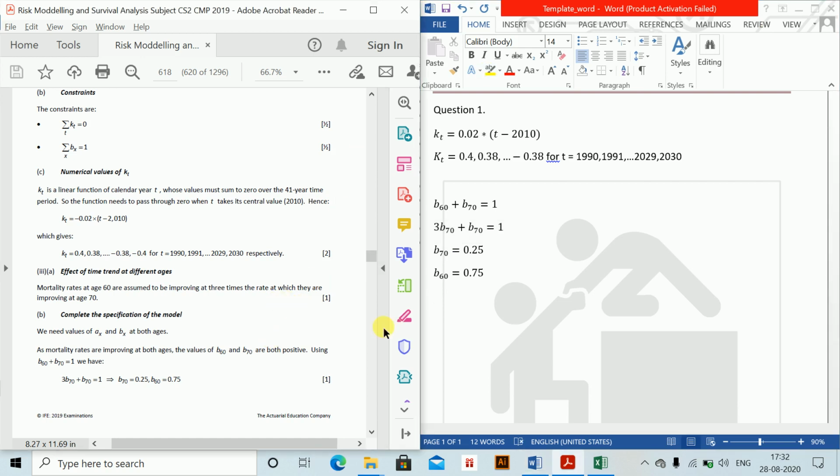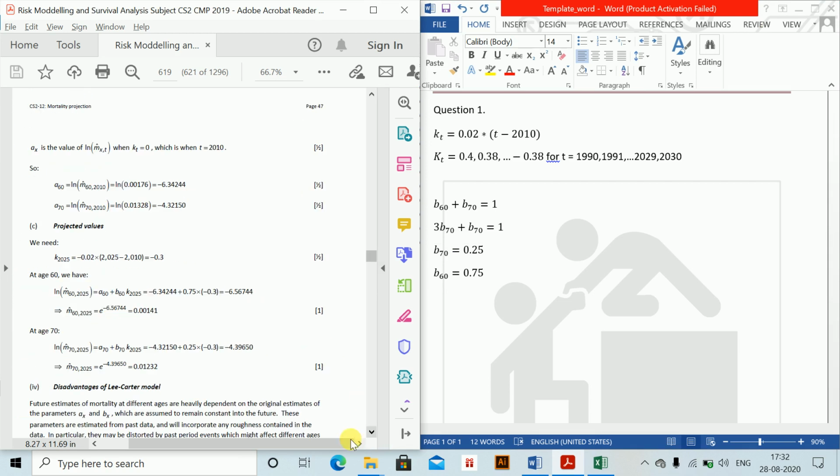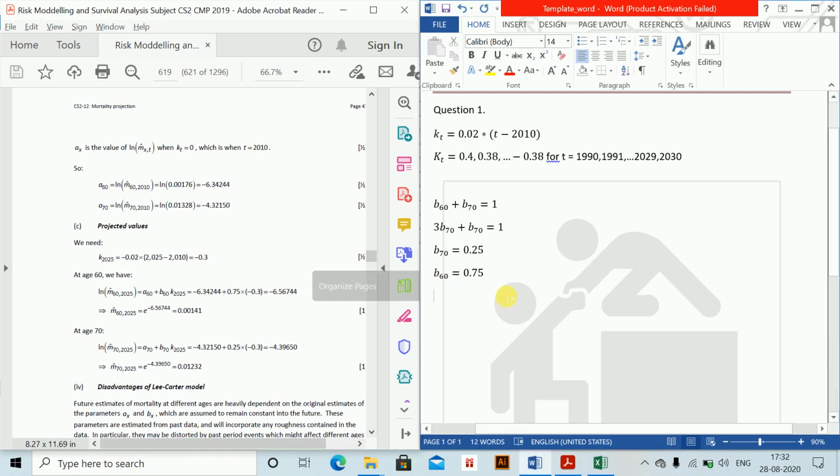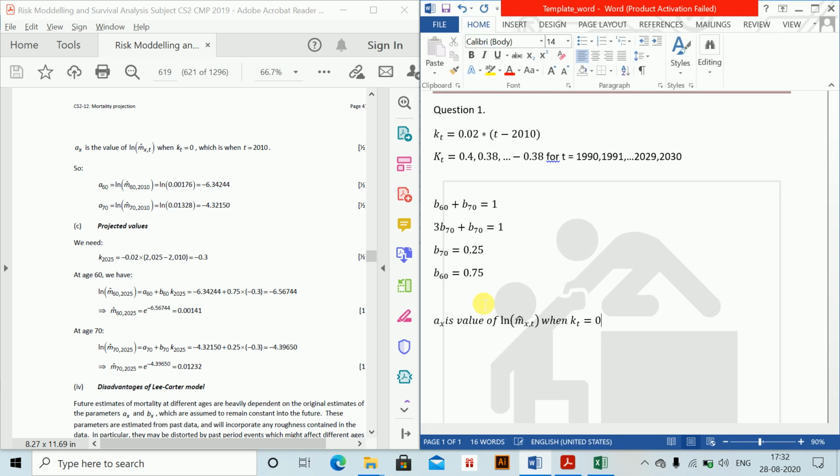Now coming down, the next line has our value for ax. ax is the value of ln m hat (x, t) when kt is equal to 0, and this happens when t is equal to 2010.